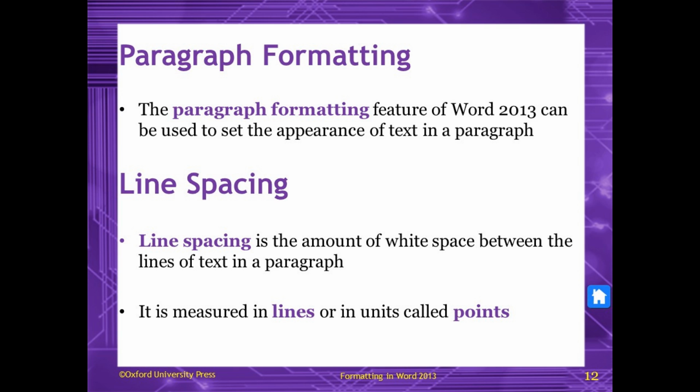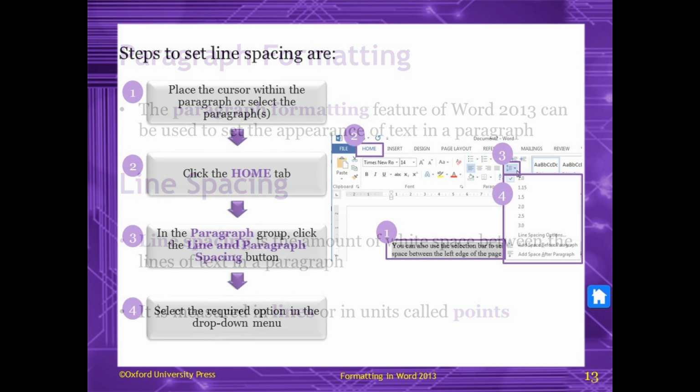That space by default is one line, but we can change it according to our requirements. That can be changed from the Paragraph group of commands on the Home tab. This space is measured in lines or in points between two lines.